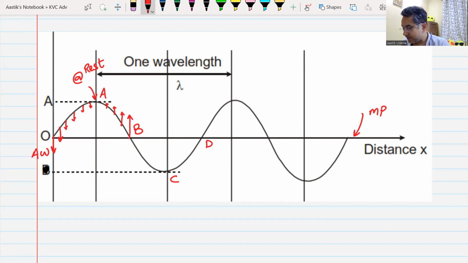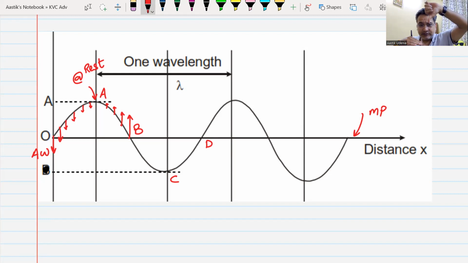The particles are on the left side of the mean position, or you should understand it as below the origin.